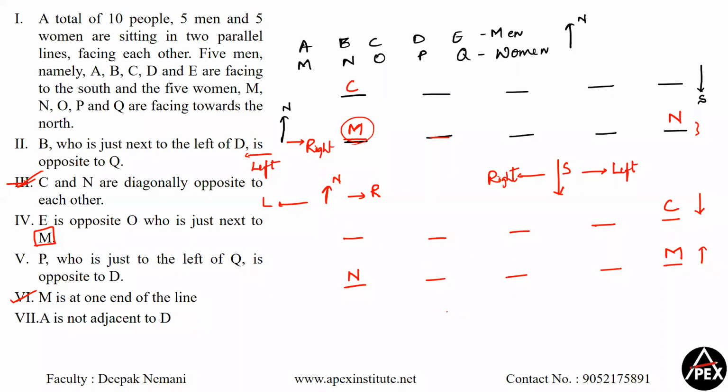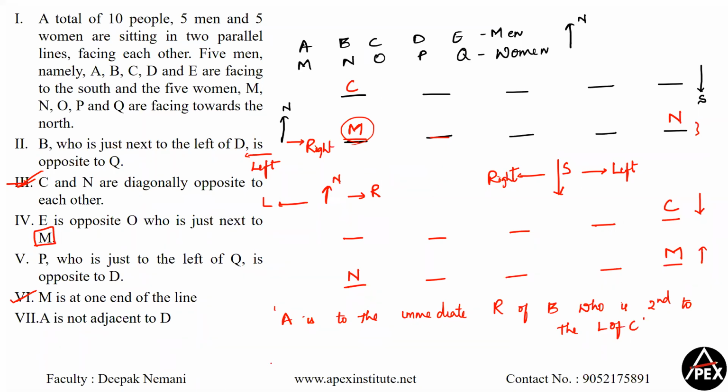So I have a question for you guys. A is next to B, or A is to the immediate right of B, who is second to the left of C. Now if you are given this statement, tell me, who is second to the left of C?